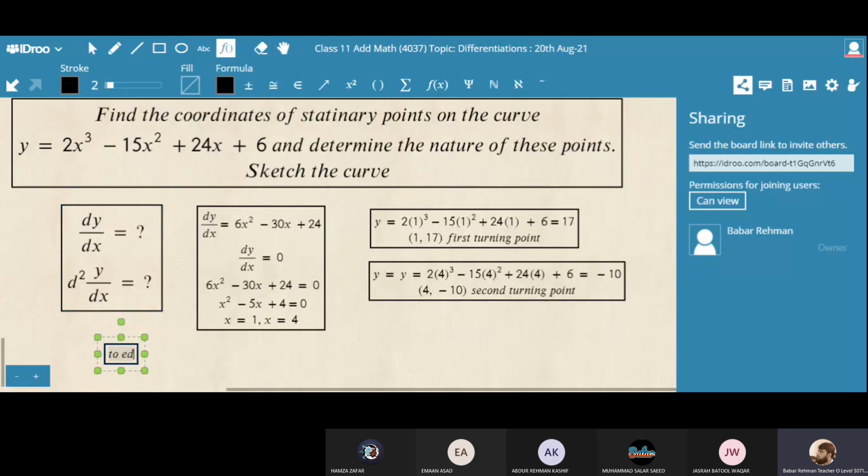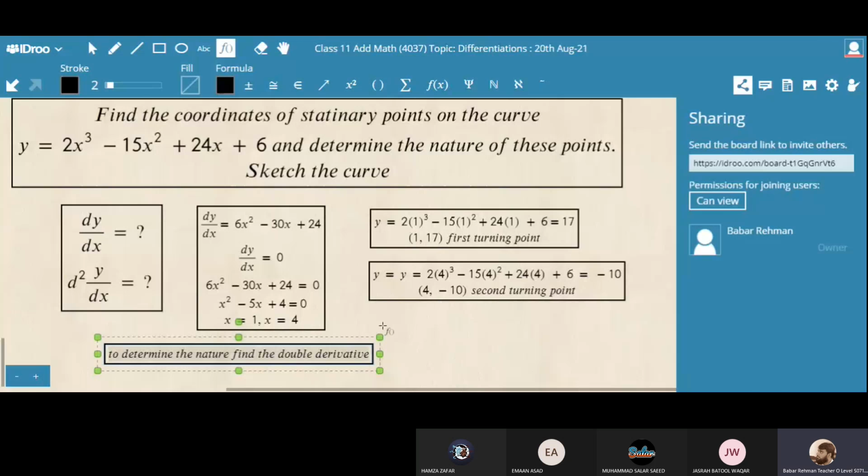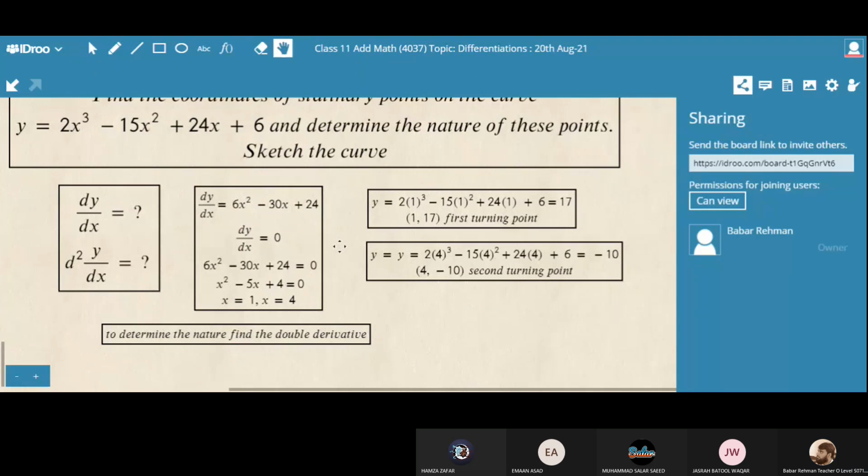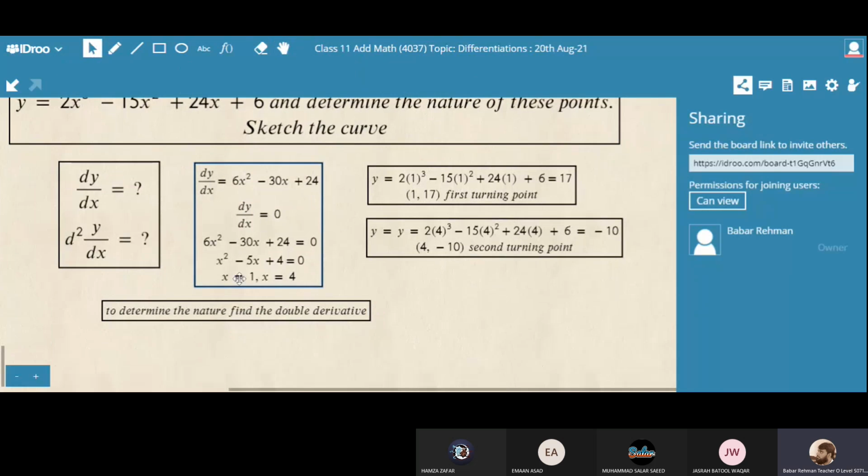To determine the nature, find the double derivative, and substitute the values in the double derivative, to see whether the double derivative is greater than 0 or not. So please do this. Hurry up.